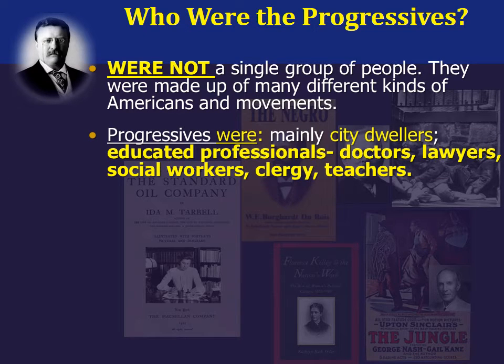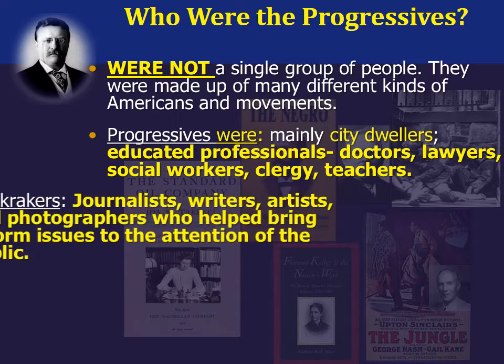That's self-explanatory. People who are living within the tenements, who are slaving away in the factories, and educated professionals who are witnessing this. That would include doctors, lawyers, social workers, clergy, and teachers. Because remember, these are the individuals who are meeting with the immigrants as a first line, seeing what they're going through, and wanting to push for change.